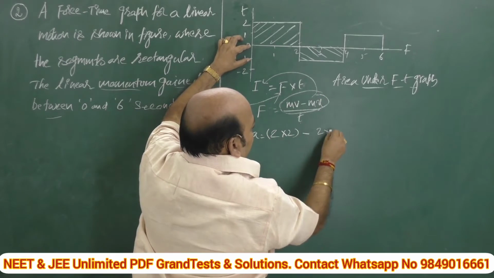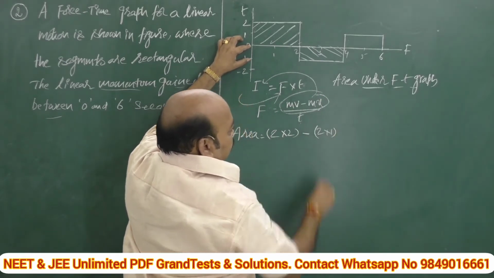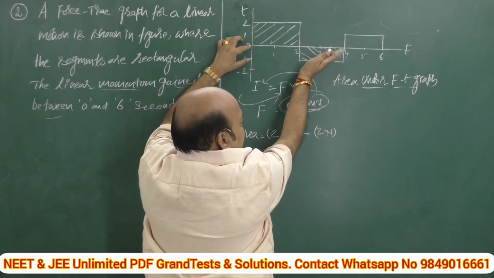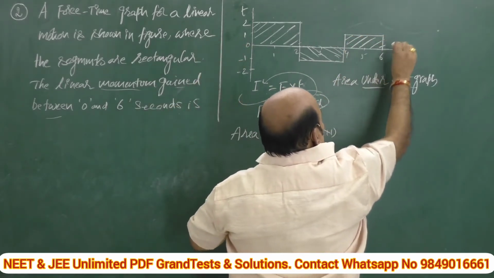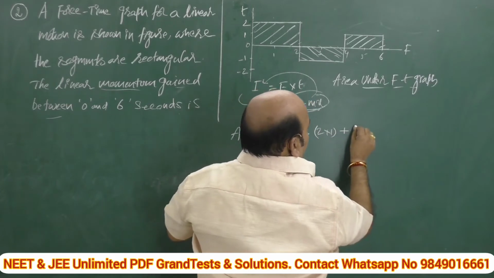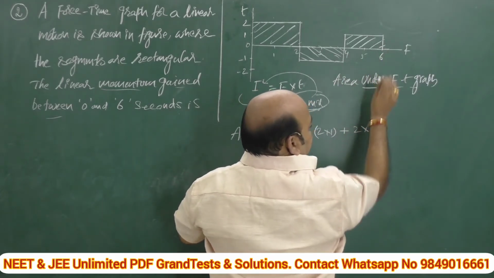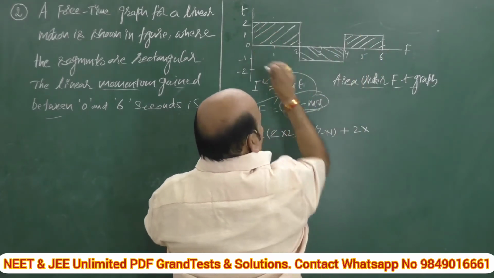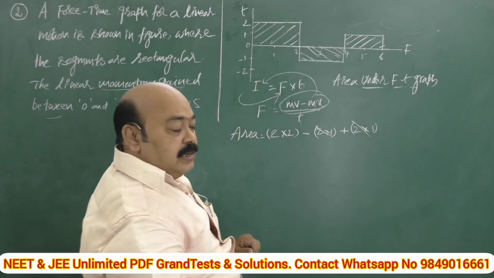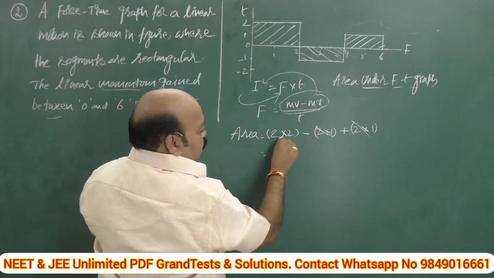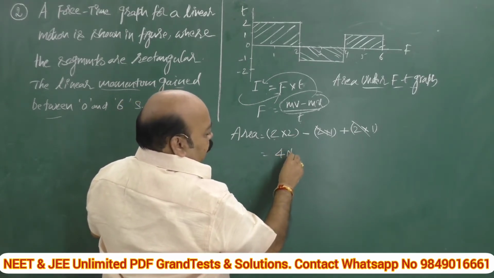So, it is 2 into 1, because it is in the negative axis. Again, this is in positive axis, so we have to consider this one as plus. Length is 4 to 6, which means 2, into height 1. That is why this is 2 into 1. Plus and minus get cancelled comfortably. So, the area is equal to 2 into 2, which is nothing but 4.